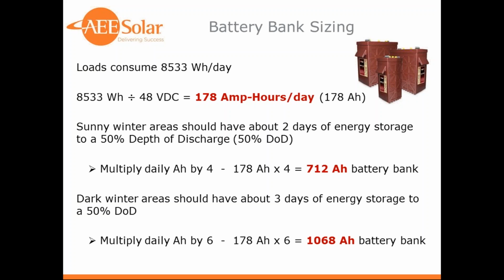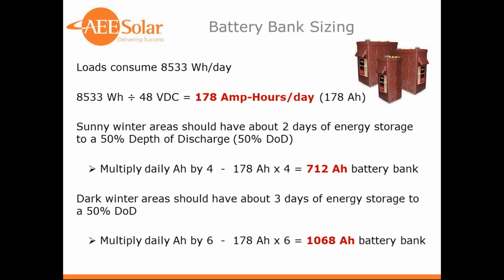Now, in sunny winter areas where you don't have long periods of cloudy weather, we typically size to have 2 days of energy storage to a 50% discharge point on the batteries. And I'm talking mostly about lead acid batteries here because they're still really the standard by which we go.